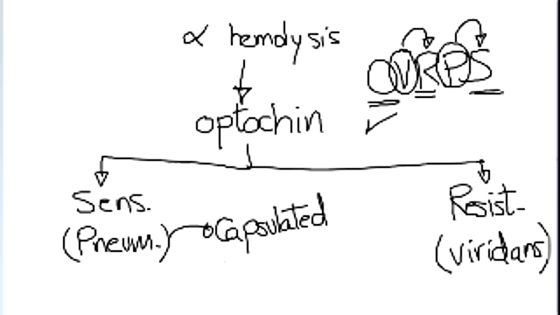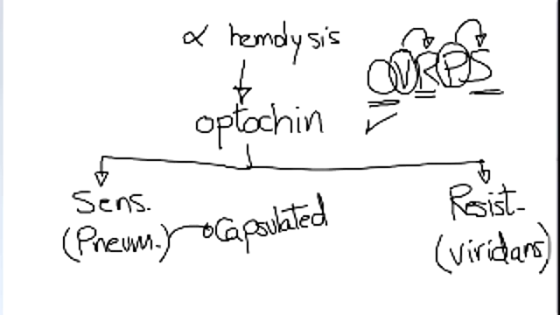The Quellung test is performed by adding some antibodies against the capsule of the strep pneumoniae. These antibodies will react against the capsule, and you will see the capsule looks swollen under the microscope. This is the strep pneumoniae Quellung test.